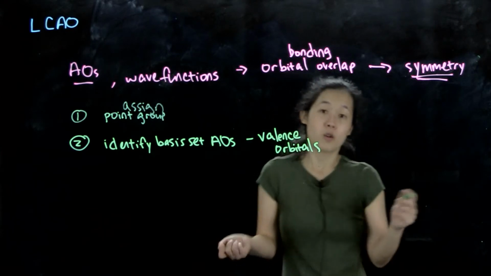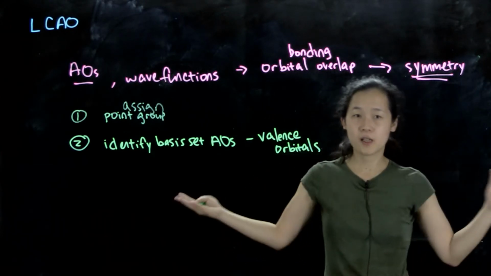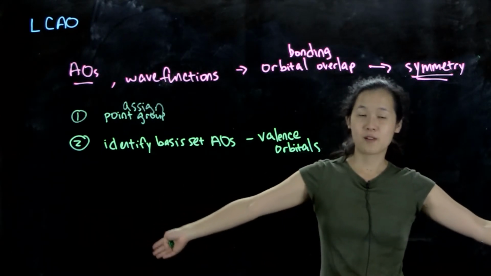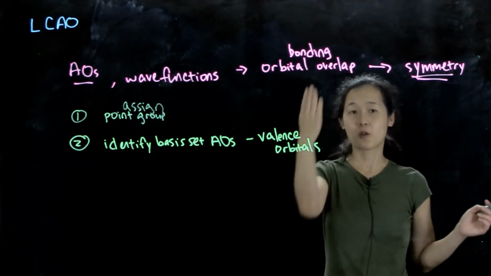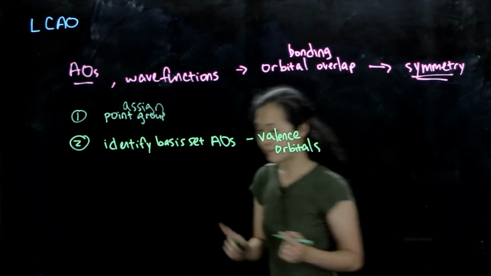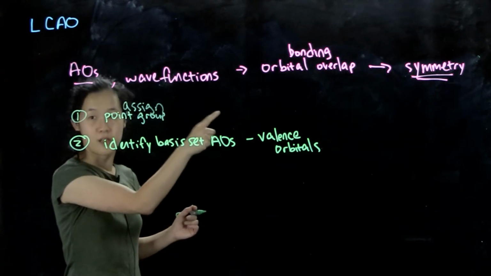The 3p orbitals and 3s orbitals are out there. They're more diffuse, and they're the ones that overlap when you form bonds. So that's why it's very important to figure out what the valence orbitals are. Not that the lower orbitals can't interact, but they interact less. Again, we're talking about bonding.